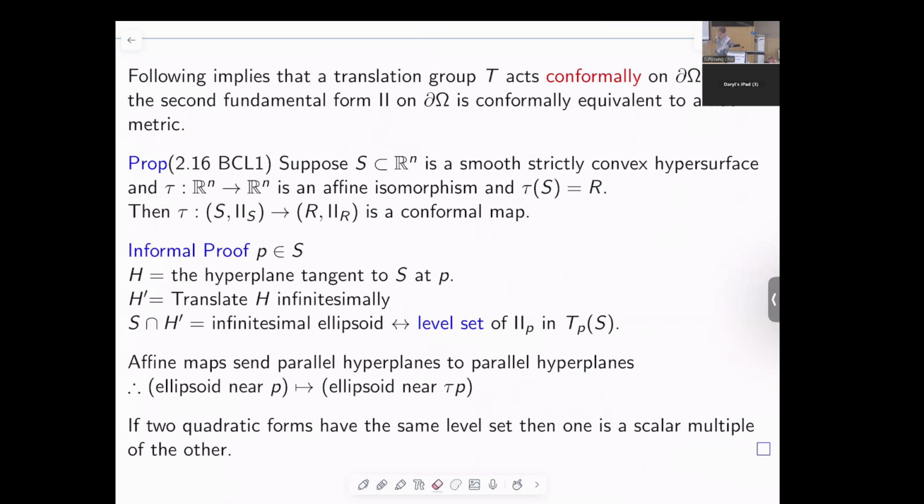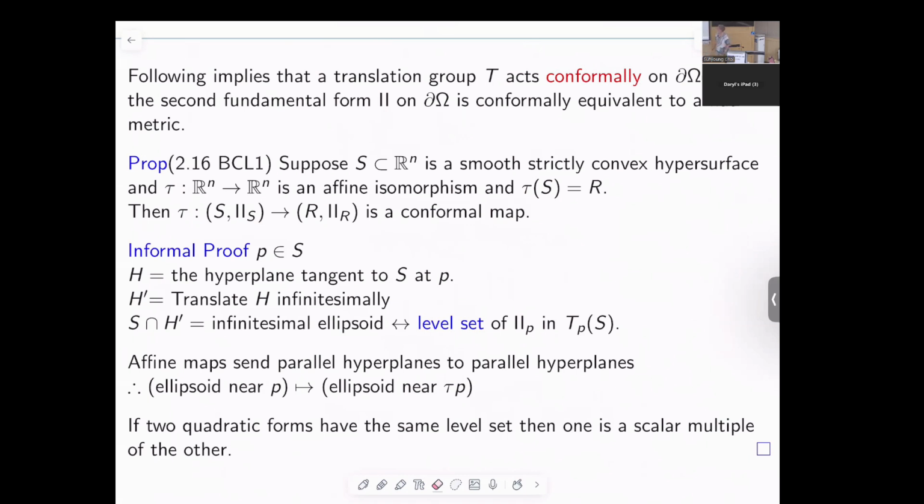But more generally, if you have one of these non-compact hypersurfaces, the same result is true. We're looking at these strictly convex hypersurfaces in affine space, which have a transitive group of isometries acting on them. So as a consequence of this fact, if I take the metric on this surface that's given by the second fundamental form, this affine group is acting conformally on the surface.